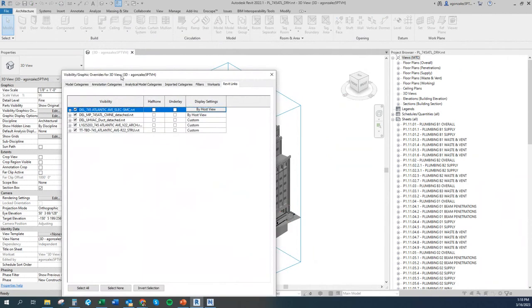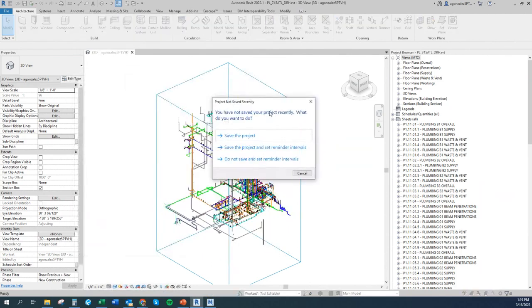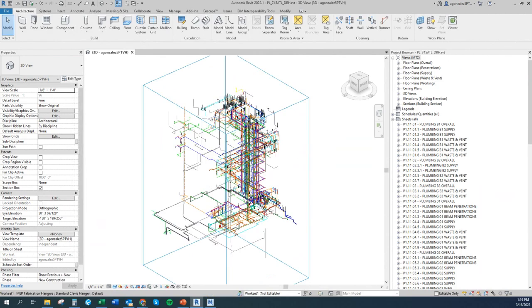I had to use Docs to be able to attach and see other trades' changes in real time and take them into account in the early modeling phase. So I'm going to turn off the attachments, the models of the other trades, other companies. And this is my model. This is what I modeled.